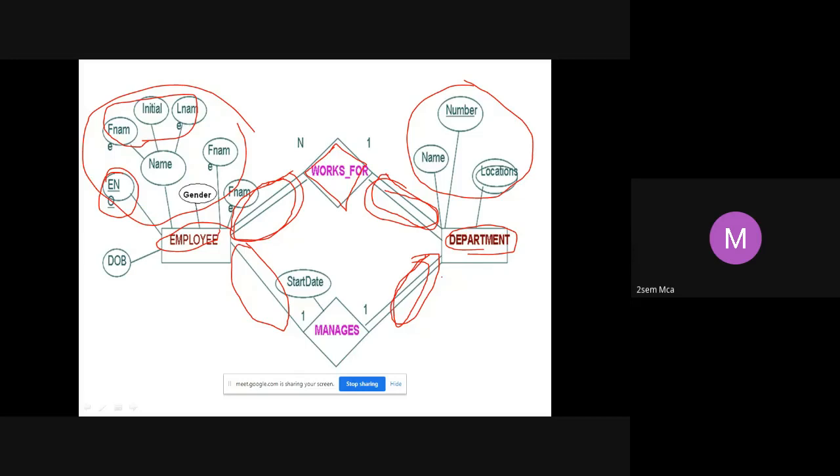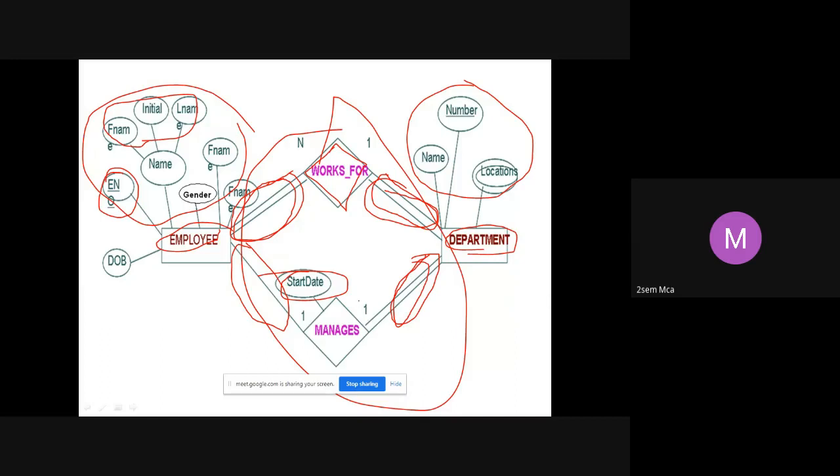So there are two different relationships between these two entities. One is works for, one is manages. And I also told you a relationship can also have an attribute. So in this case, the relationship manages has got an attribute called start date. It is not necessarily that only entities should have attributes.